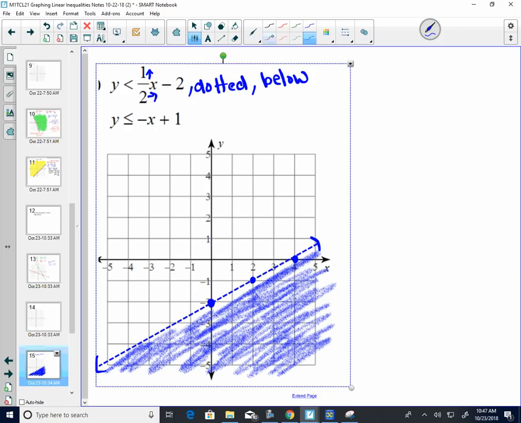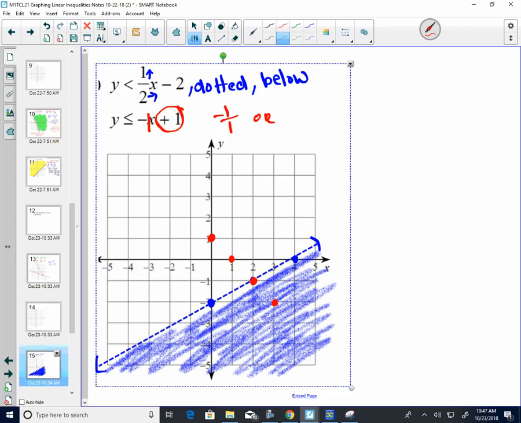So then I'm still going to come back and graph my second line, my second inequality. It has a y-intercept of a positive 1, and it has a slope of negative 1. So that means it's a negative 1 over 1. So I can go down 1 to the right 1, down 1 to the right 1, and that's where my line would go.